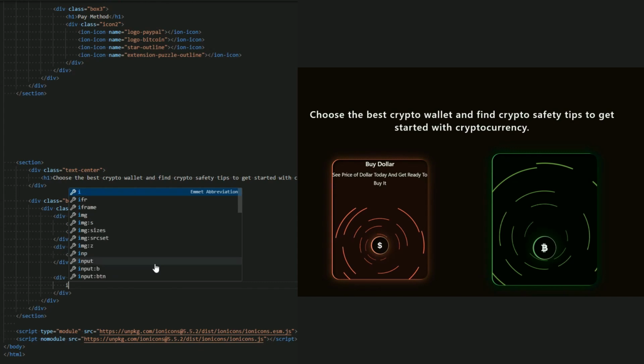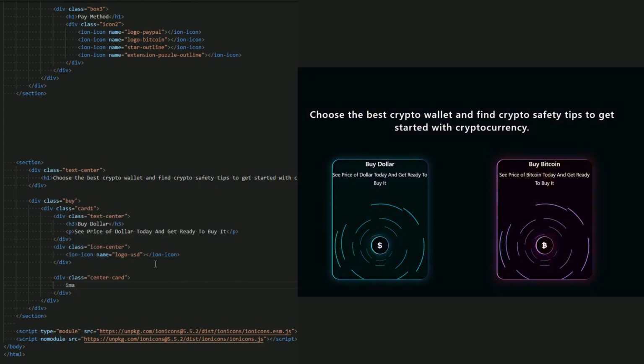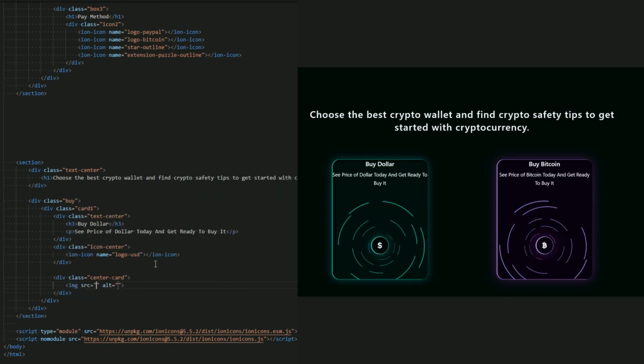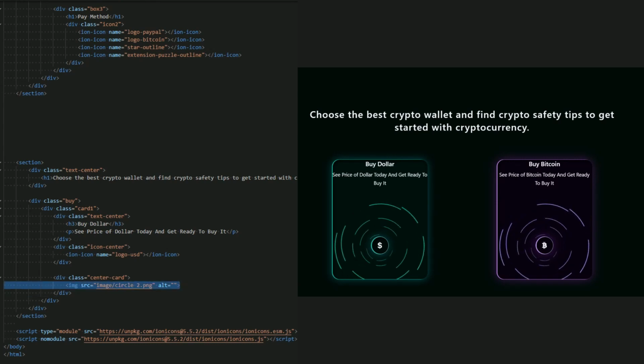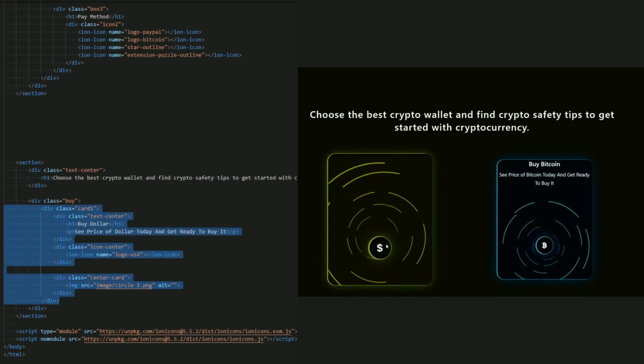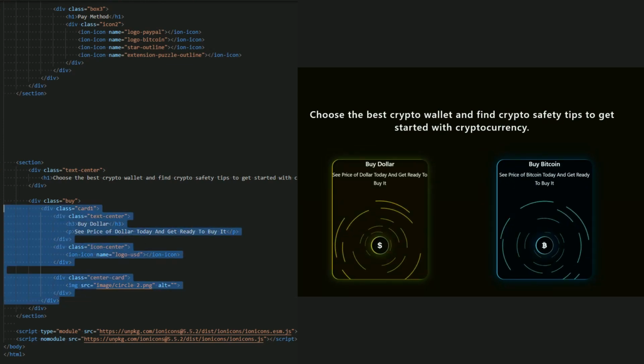And now let me use an image. Okay, now let me use circle png. Okay, this is the image, and this is our first card. And the next card, let me copy paste it, guys.